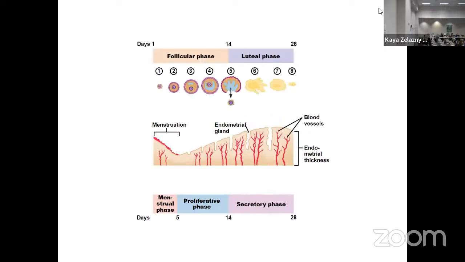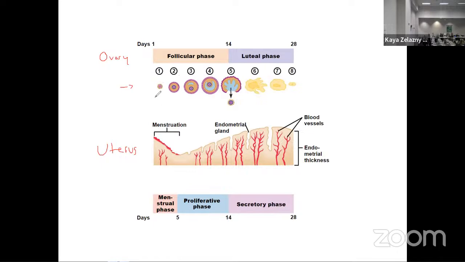Okay, so then we would start over. So we can see this all mapped on together here. So here we have the events of our ovary. This is just a picture from your book. All right, so we're looking at a picture of the ovary, of those follicles growing. Okay. And here we see that tissue in the uterus. Okay. And these two cycles together are happening at once. Okay.